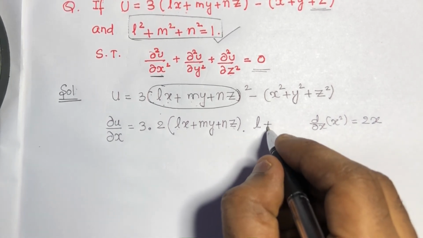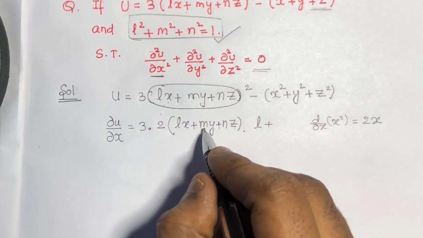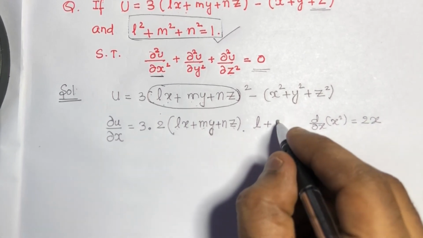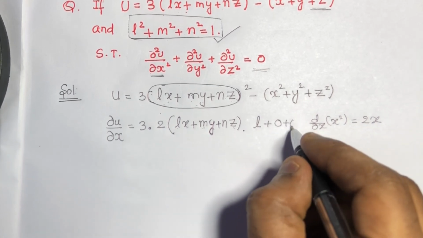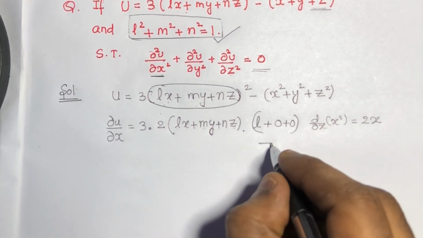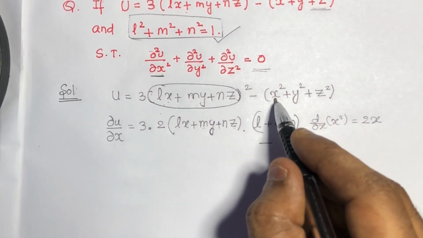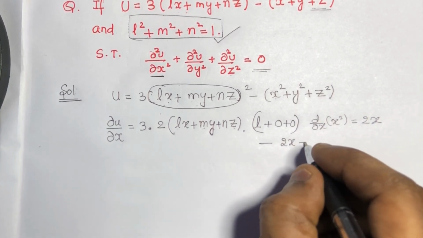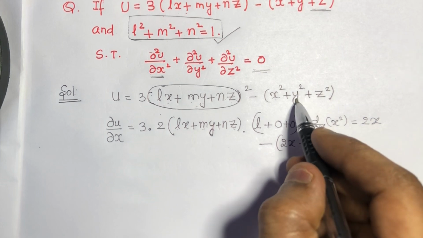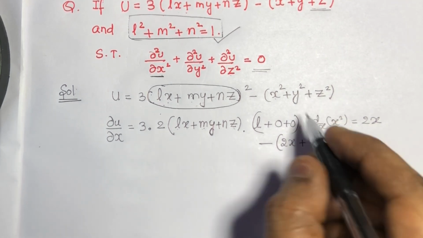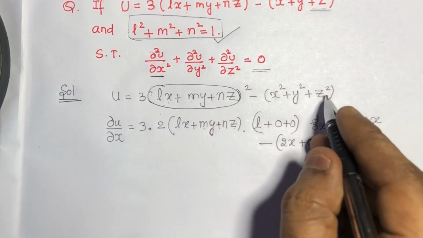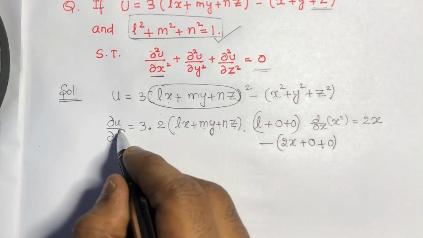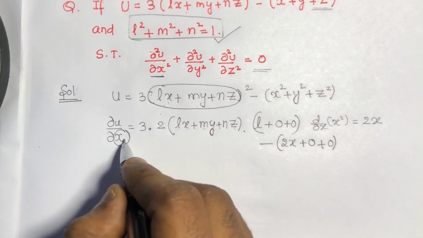So plus partial differentiation of my, because y is constant, will become 0, and this part also becomes 0, minus partial differentiation of x square is 2x plus y square, which is 0, plus z square, which is 0, because we are partially differentiating with respect to x.